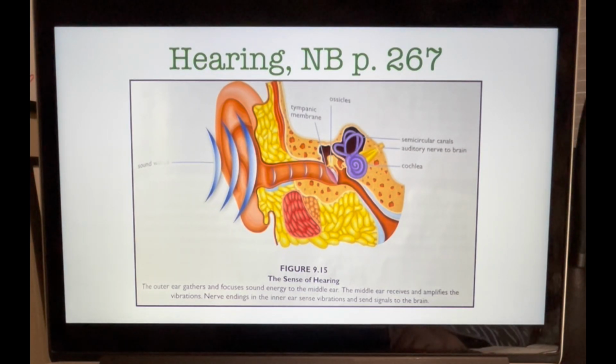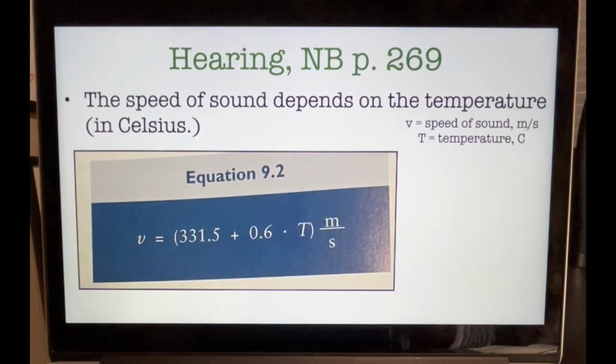All right. What is the correct answer for the speed of sound? Well, it really depends on the temperature. The speed of sound in air is given by the following equation. The speed of sound, V, equals the quantity 331.5 plus 0.6 times the temperature, in meters per second.